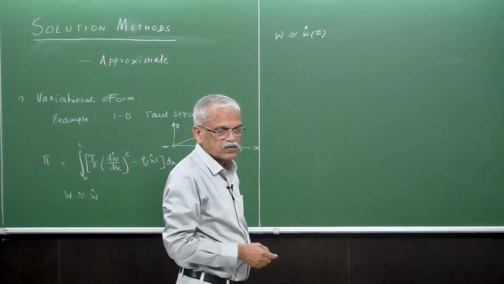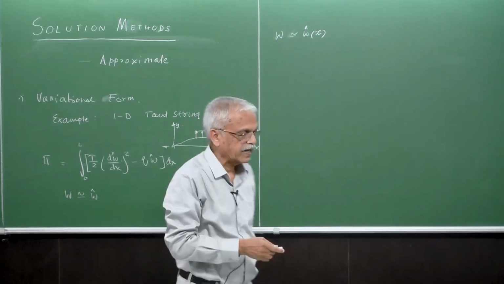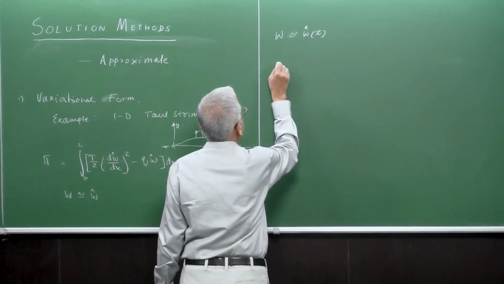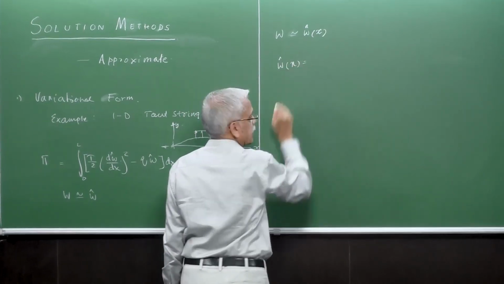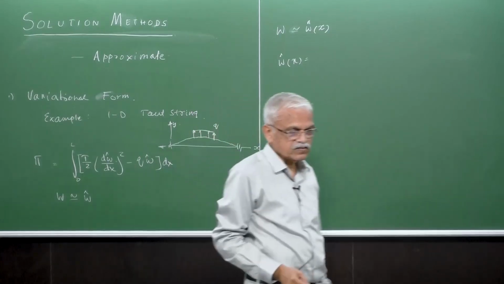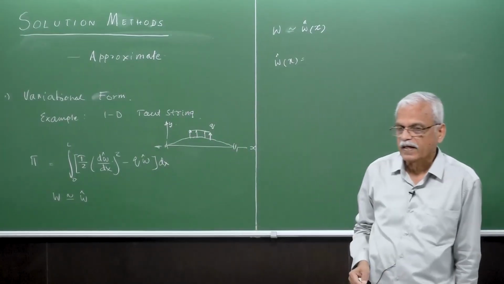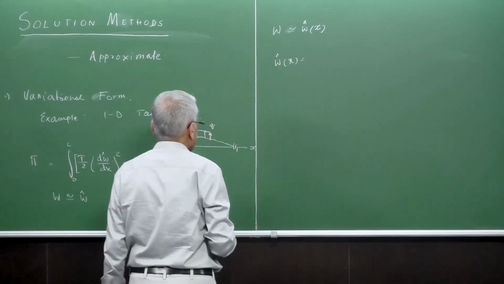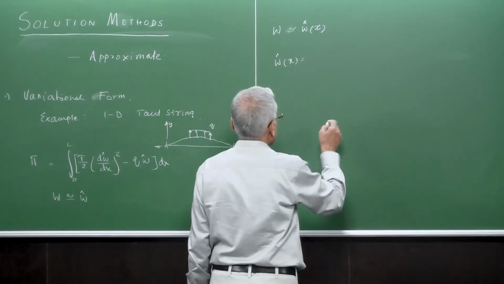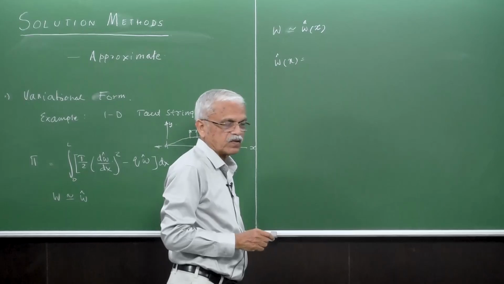Since we do not know the solution W hat, let's take one term, and then we'll also indicate how we can generalize it for more number of terms, in the sense that here we will take polynomial terms.